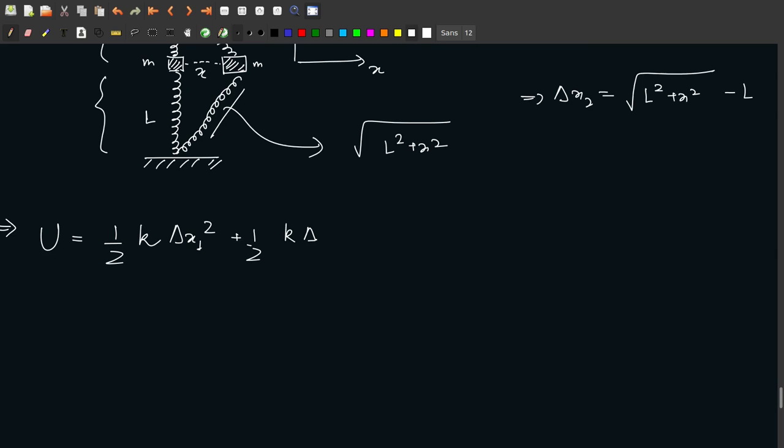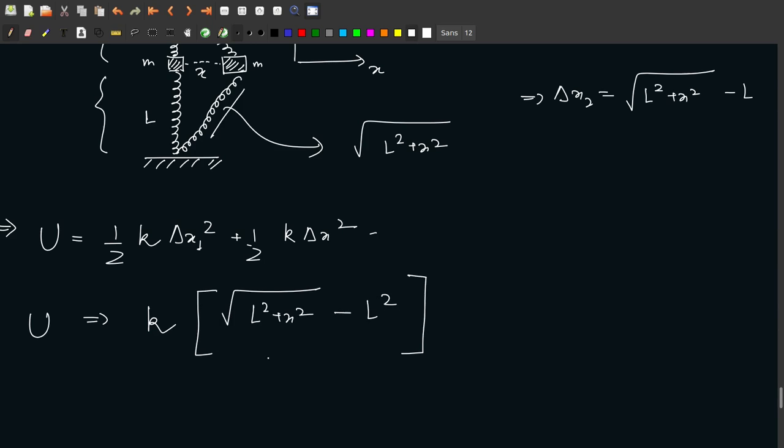Obviously under these extensions the potential energy of the spring is half of k delta x1 square plus half of k delta x2 square, and it's pretty straightforward to do the calculation and show that the potential energy of the configuration under this extension of the springs is just k times root over of L square plus x square minus L, whole square.